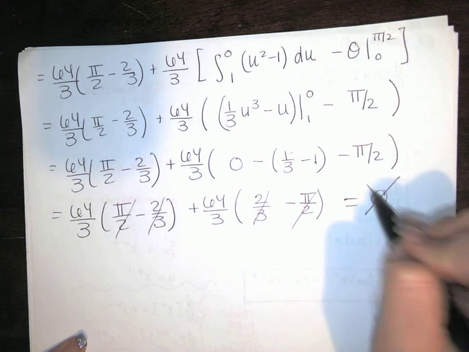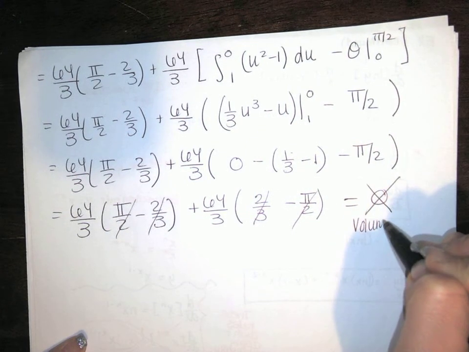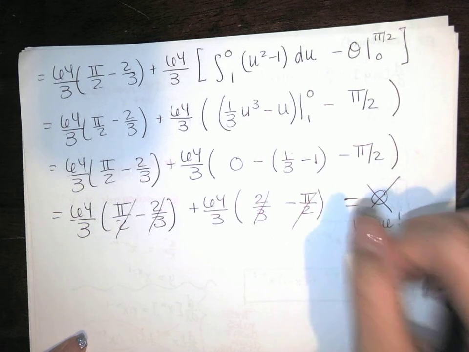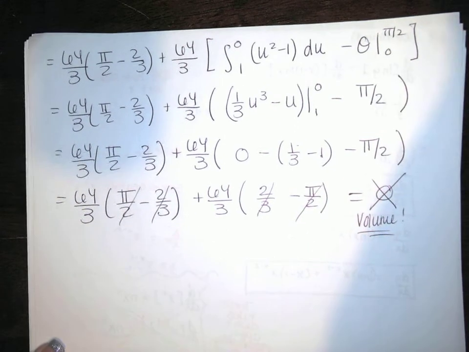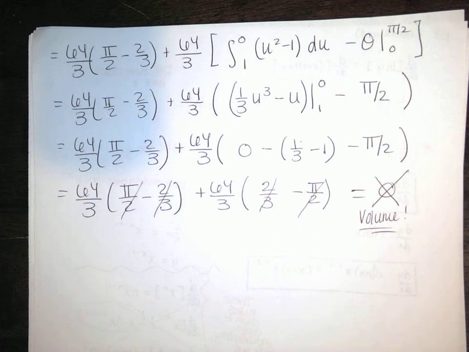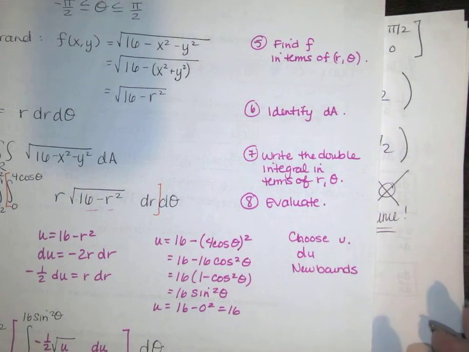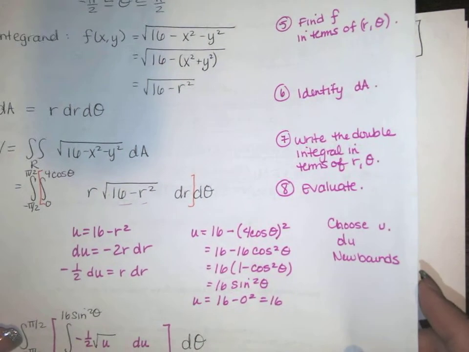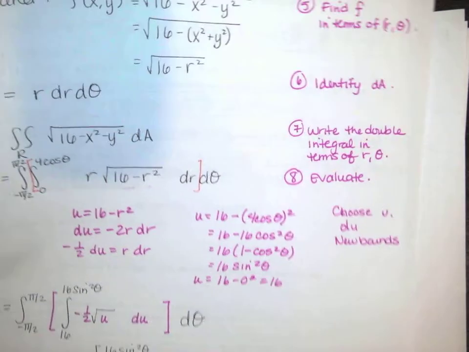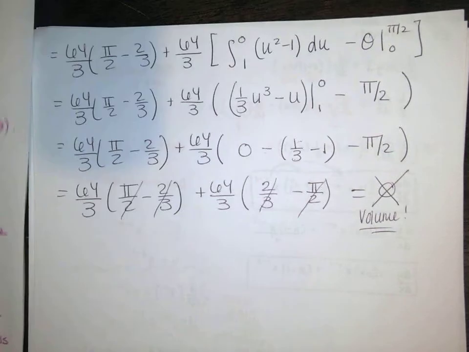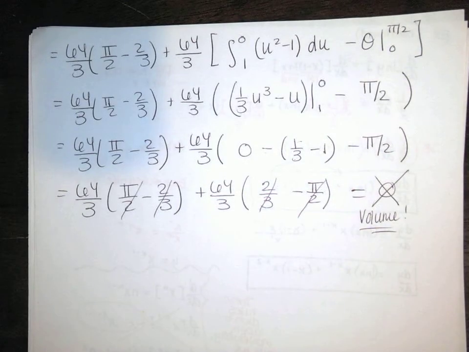Volume can't be 0. So all that work just to find out that I made a sign error somewhere. Not really sure where it happened, but I thought that taking care of that absolute value would have helped, but I thought that was going to fix the problem.